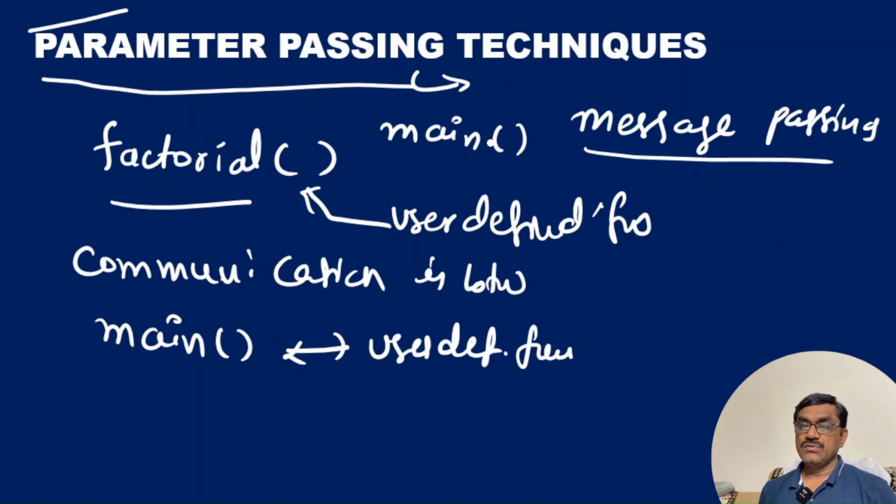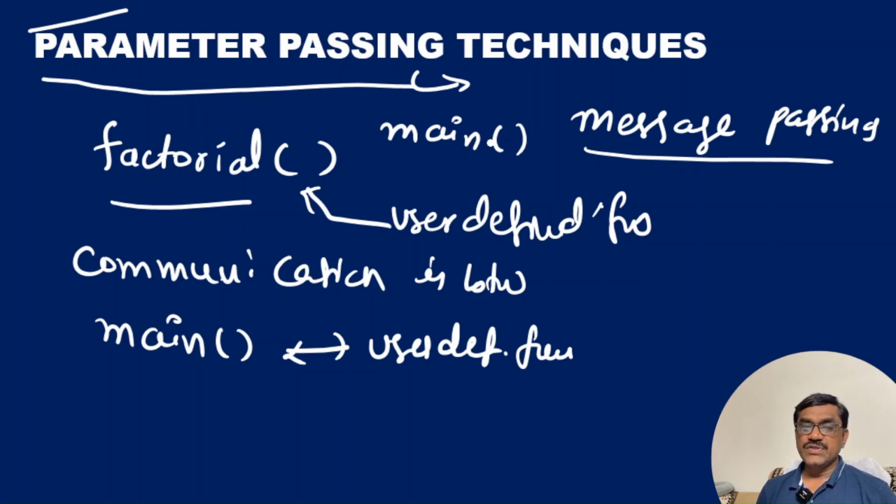Right? Now, in the last class program, we have called the factorial function from the main. Sometimes we have called the factorial function without passing any arguments. Sometimes we have passed the arguments to the function, right?